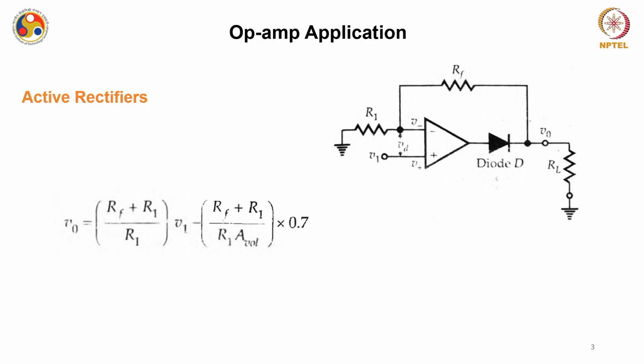You can see that when you have this V1 at its input and this diode connected at the output of this op amp, this V naught can be written as (Rf plus R1) by R1, where Rf is your feedback resistance and R1 is the resistance at this inverting terminal. So (Rf plus R1) by R1 into V1, which is the regular output, minus (Rf plus R1) by R1 into AOL, and the whole multiplied by the cut-in voltage of the diode, which is 0.7 for this particular diode.